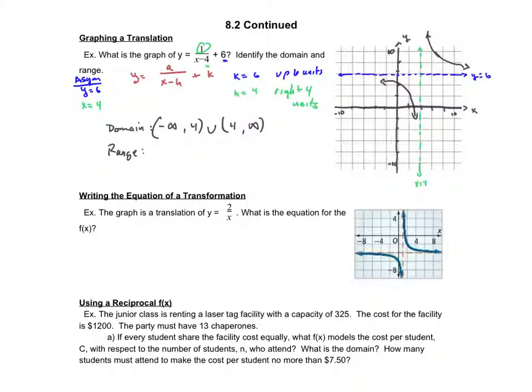And then for my range, I'm going to have from negative infinity to 6, because we're never going to touch 6, and then from 6 to positive infinity, because it goes on forever up and down, left and right, except for its asymptotes.